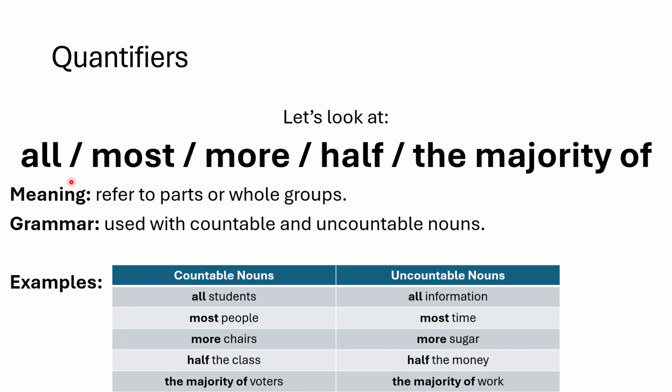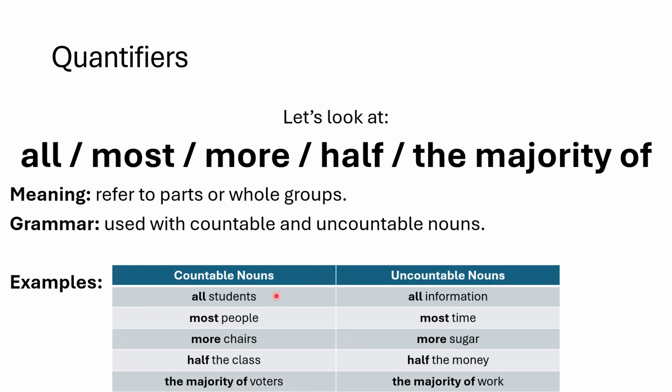Let's look at all, most, more, half, the majority of. They refer to parts or whole groups and are used with countable and uncountable nouns. Here are some countable noun examples.